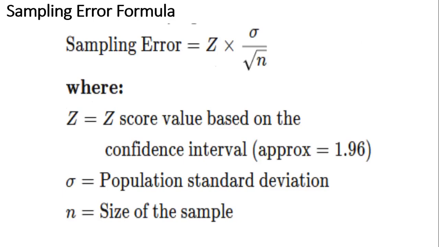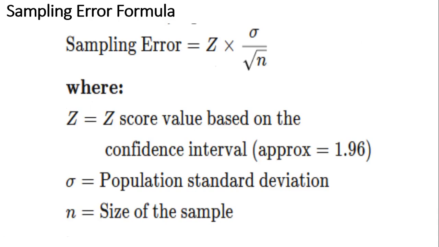Now, when you want to get the sampling error, the formula of sampling error is equal to Z times standard deviation all over the square root of the sample size.